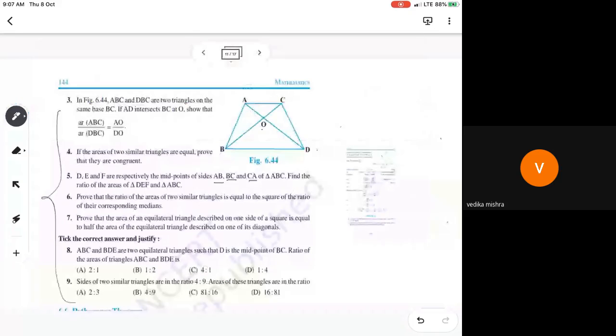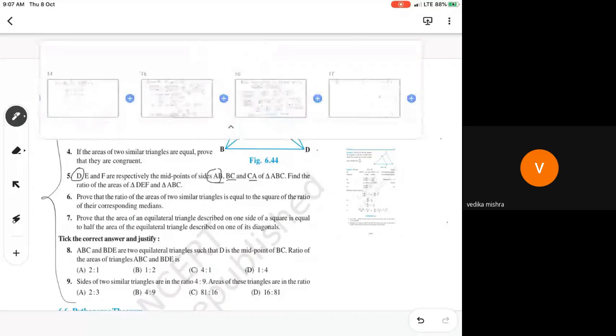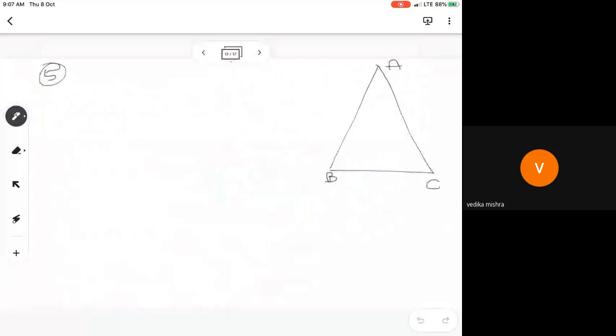D is the midpoint of AB, so you have to take that into consideration. And E is the midpoint of BC, and F is the midpoint of AC. So like this, the midpoints are given to you.